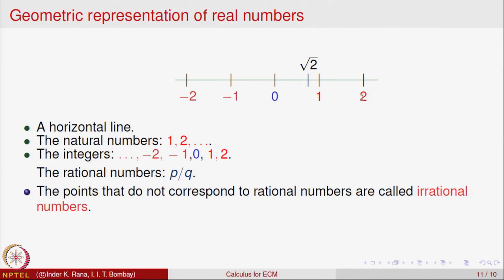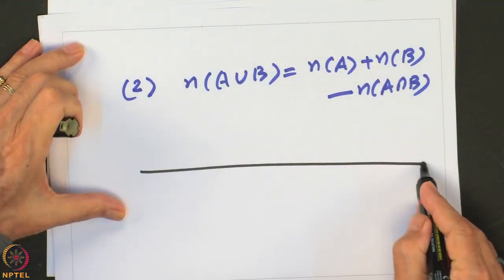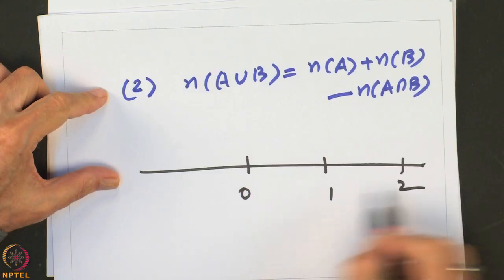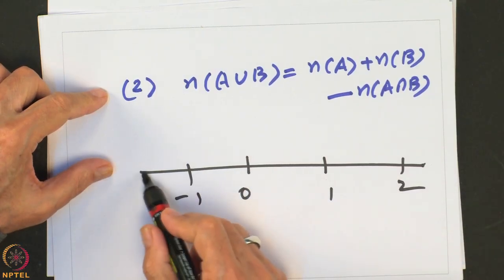So, basically let me just draw a picture and show it to you. Namely, on this line you have made points 0, 1, 2, -1 and so on.